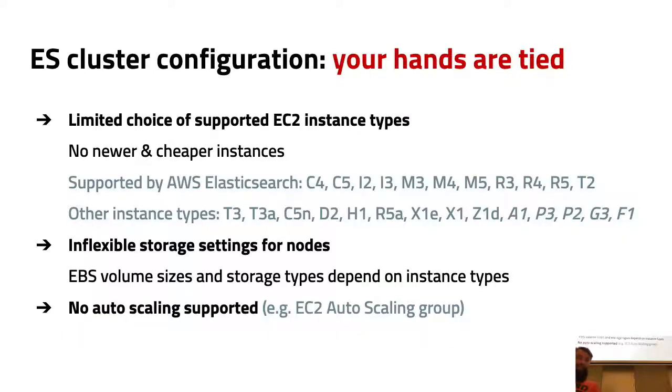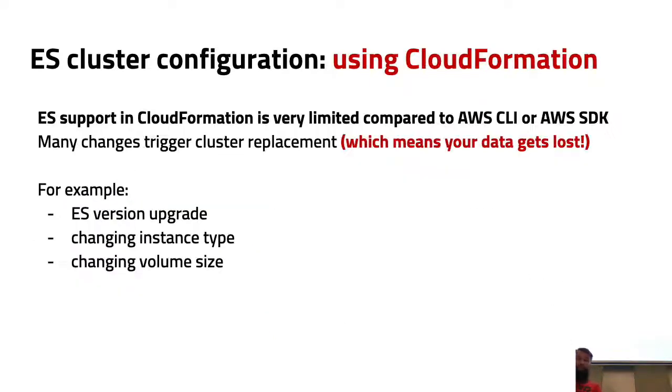Another limitation that we faced, and what was really annoying, is that when you try to upgrade versions, the cluster will get replaced. The workaround is to create a new cluster and then reindex the data from the cluster you already have.